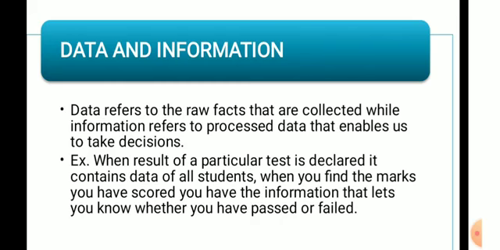When you find the marks you have scored, you have the information that lets you know whether you have passed or failed. The teacher has conducted the exam and posted the result. How do you come to know that you passed or failed in that subject? Based on the marks you obtained. This is called information.